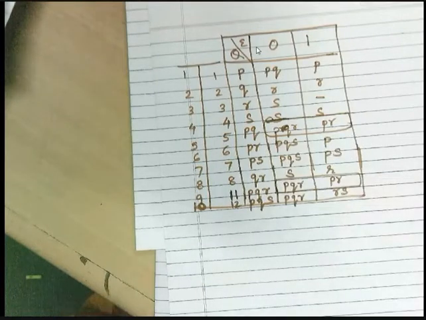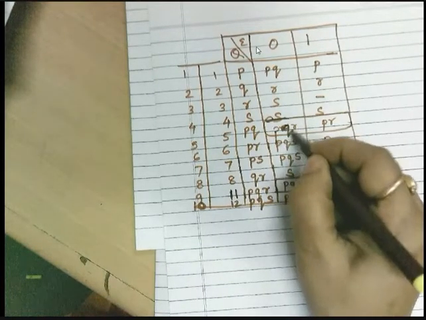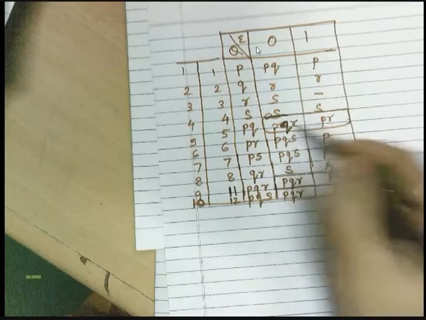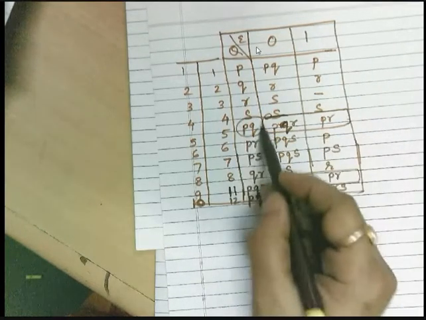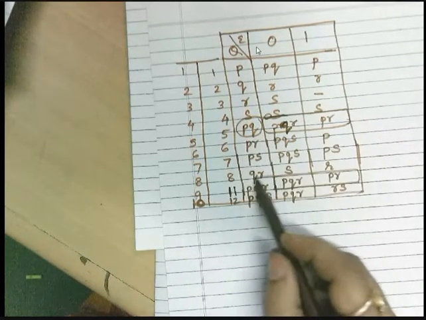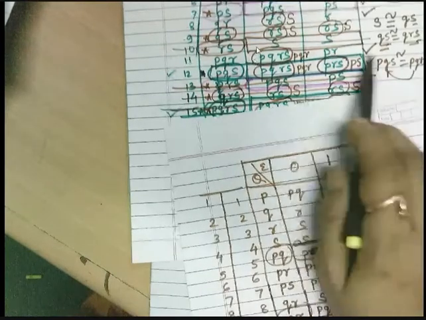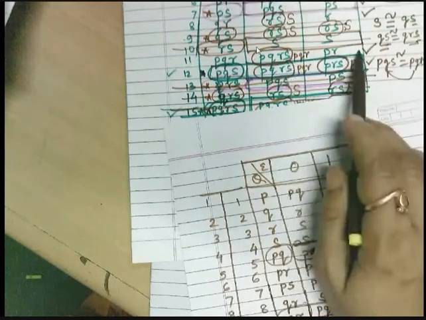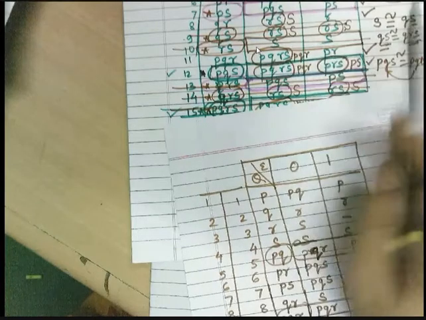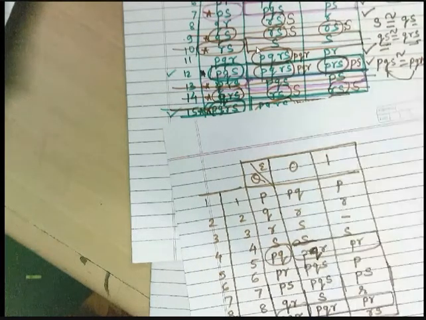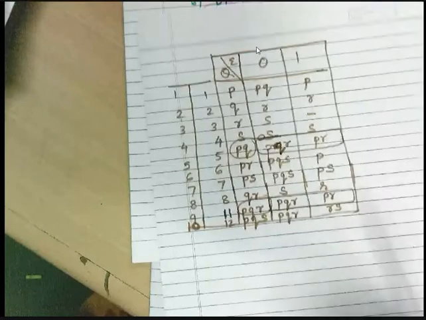Yes, any problem? Now we will check the left hand side. Again we will check this left hand side. PQR we have kept it here. PQR, PR and PQR, PR. Right. So here also we could have the equivalent, but it's okay. We could not find there.